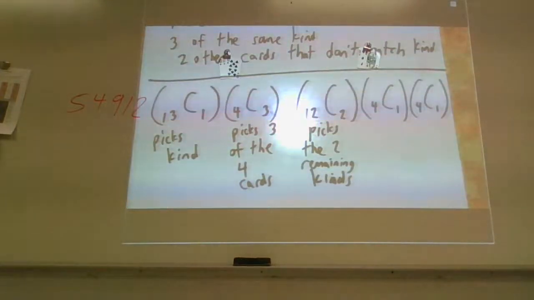There are certain times in which they may also show it like this. But it's the exact same calculation.